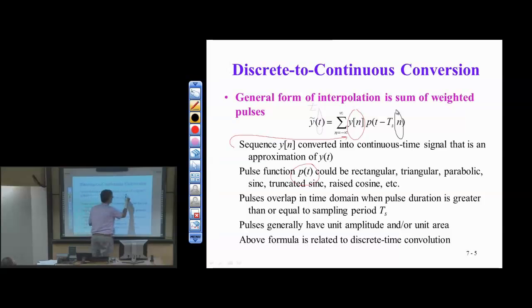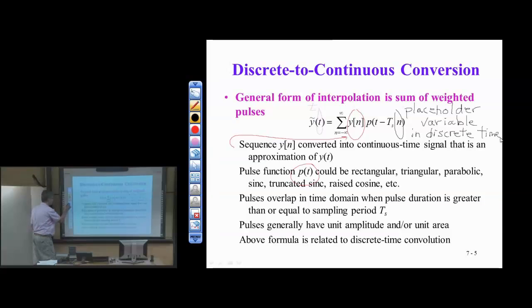Okay, so this is the placeholder variable of the summation, which is discrete time, and the outer variable is in continuous time.